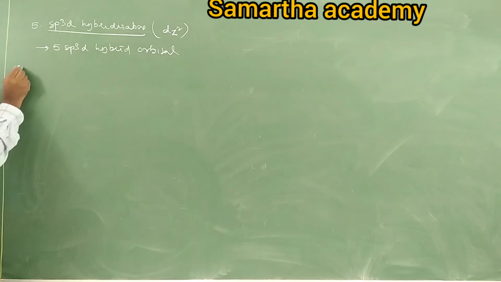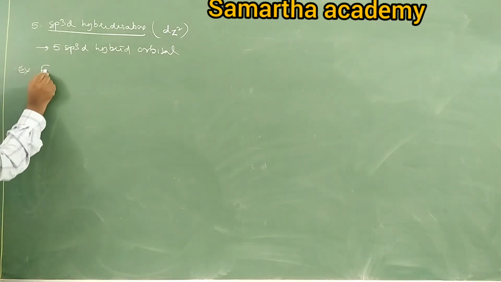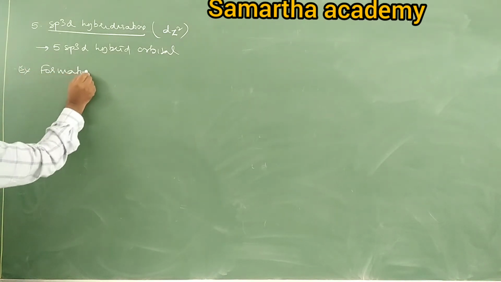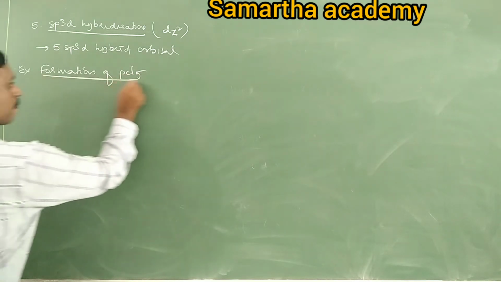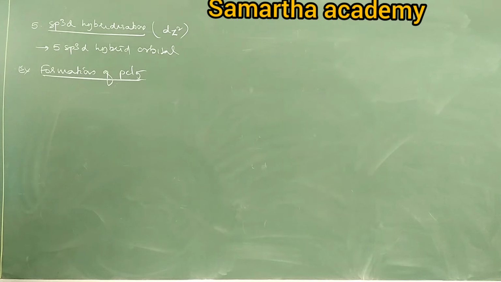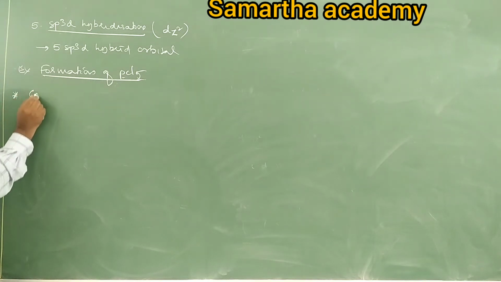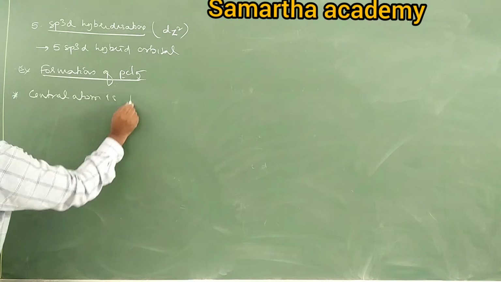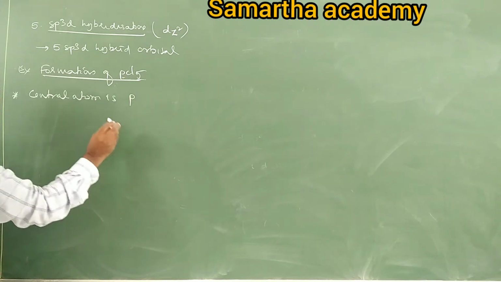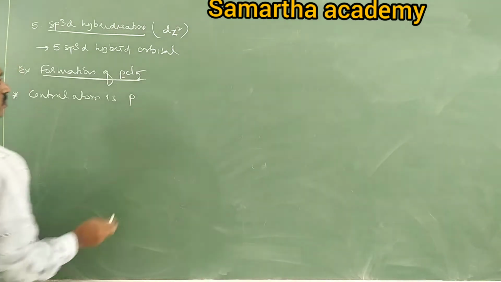So, for example, the formation of PCl5. Tell me, in the formation of PCl5, what is the central atom? Phosphorus. Its electronic configuration, tell me.